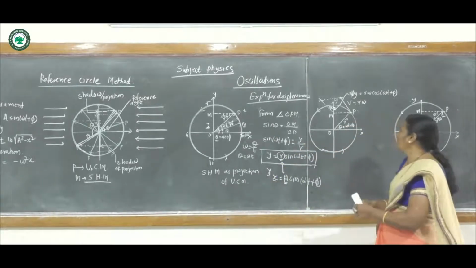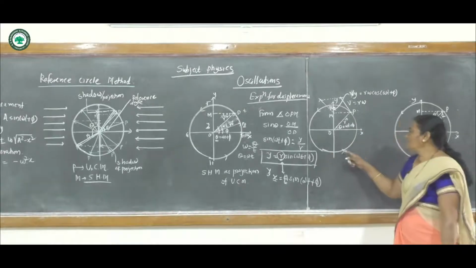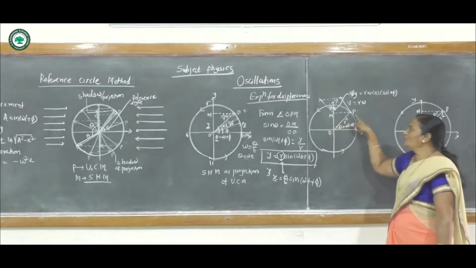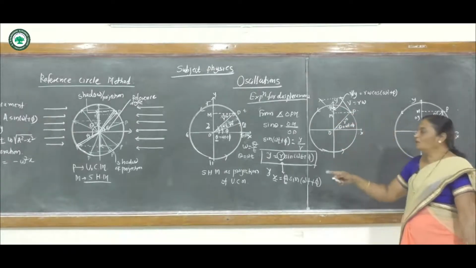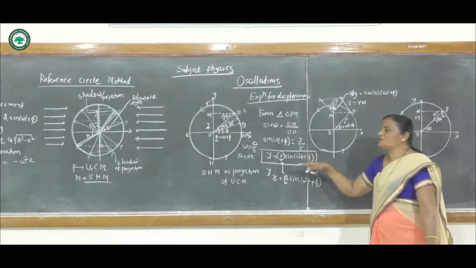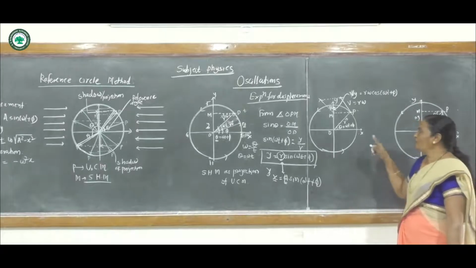Here again we consider the particle P that revolves along the circumference of a circle, performing uniform circular motion, UCM.